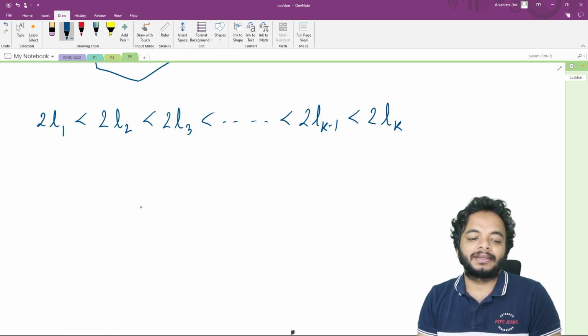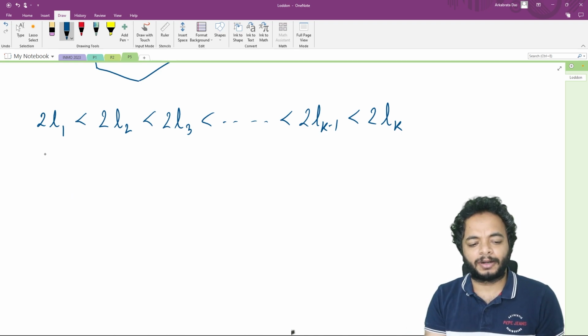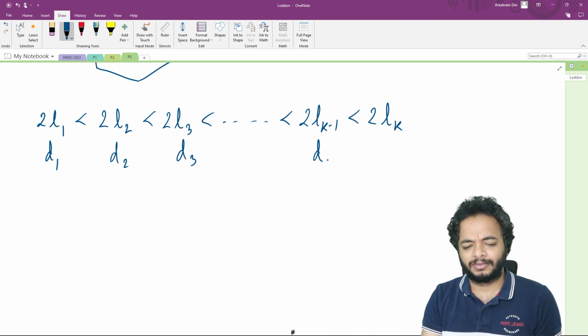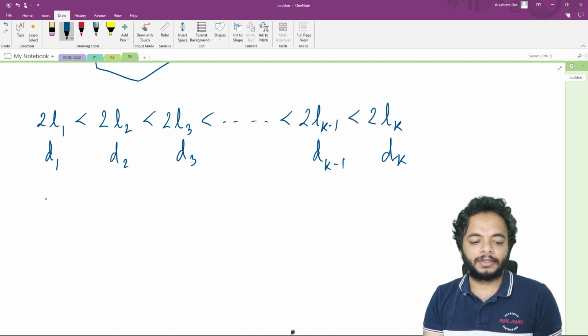Now these 2L1, 2L2, 2L3 and so on correspond to some distances. Suppose they correspond to D1, D2, D3, and so on up to Dk minus 1 and Dk. It might not be in that order, but let's just suppose so.